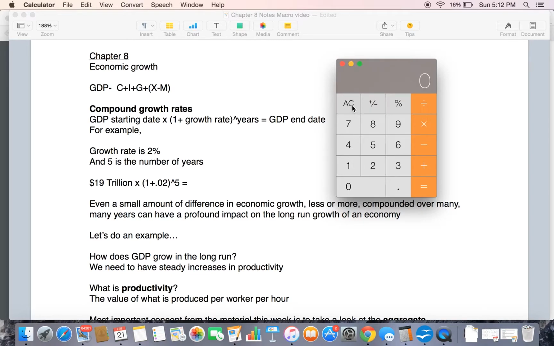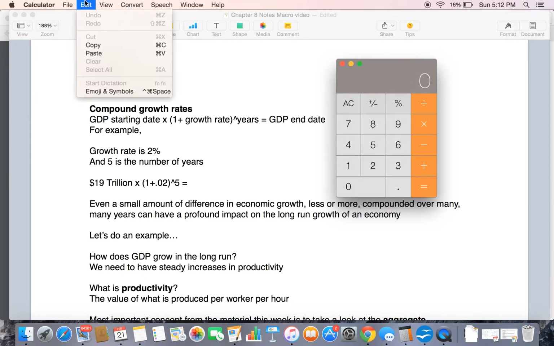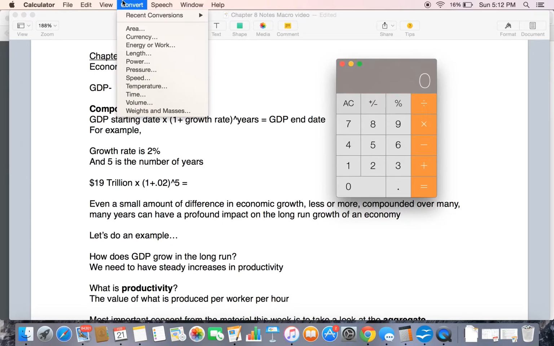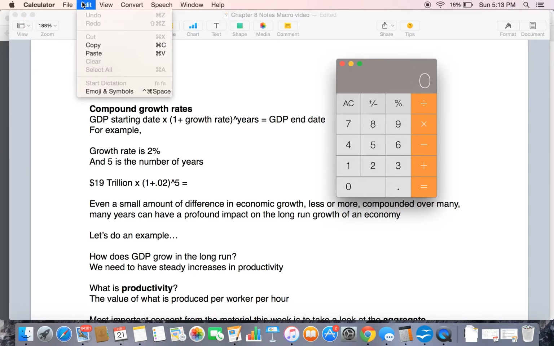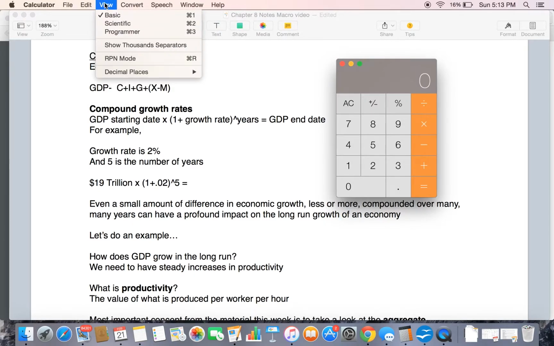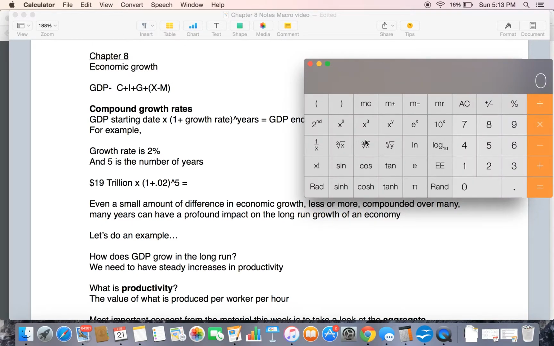Simply, let's see if my calculator actually has a scientific figure here. So, let me see. No, it doesn't. Oh, here we go. Okay, so what we can do is say 1 plus 0.02 will give us 1.02.